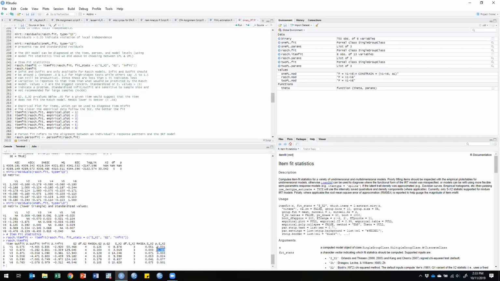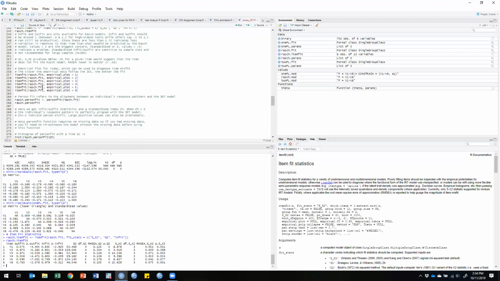For the chi-square here, item 2 and item 5 fit the data pretty well. You'd interpret the root mean square error of approximation similarly: less than 0.08 is good, less than 0.05 is even better.